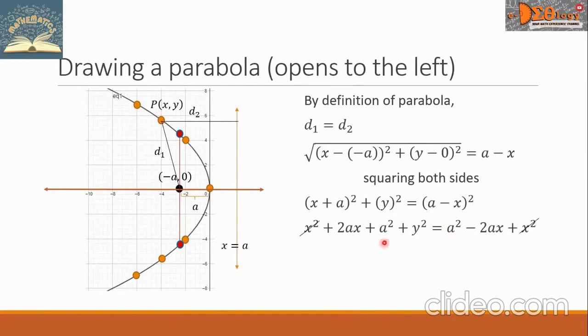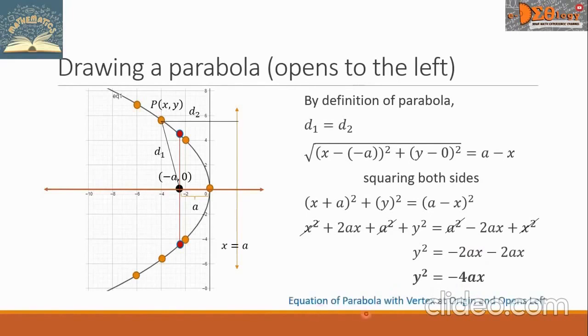Also, this a squared can be cancelled out with the a squared on the right. Now let us simplify further. This positive 2ax we will transpose to the right. So we have now y squared equals negative 2ax, and now negative 2ax. Combining the terms of the right side, we have y squared equals negative 4ax.